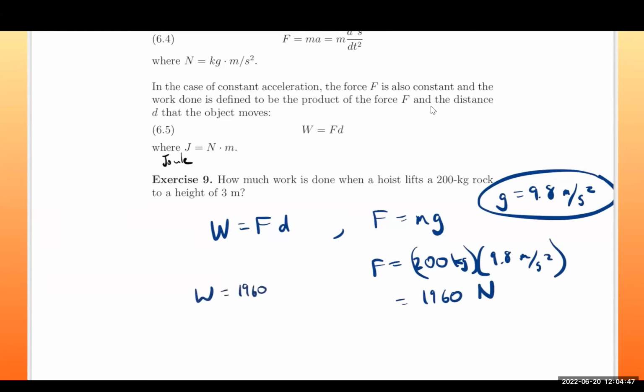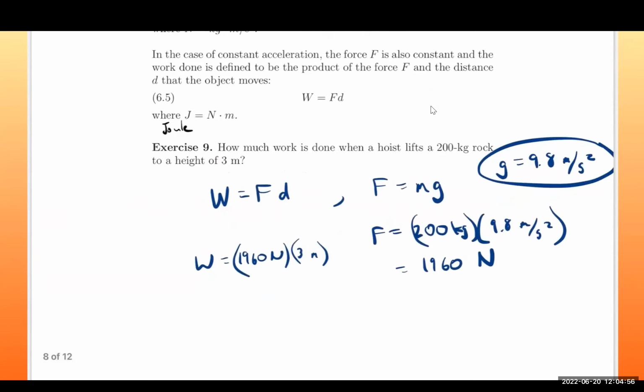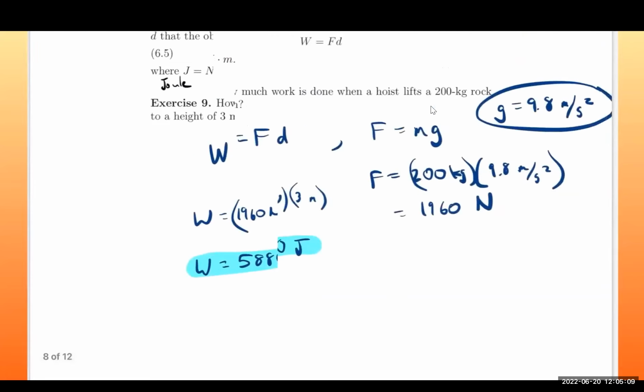That's 1960 newtons times 3 meters, because that's how high we're moving it. If you compute that, you will get work is equal to 5,880 joules. And that does it.